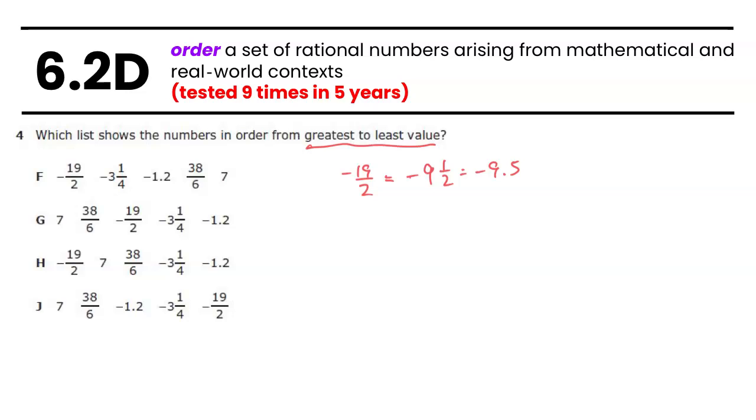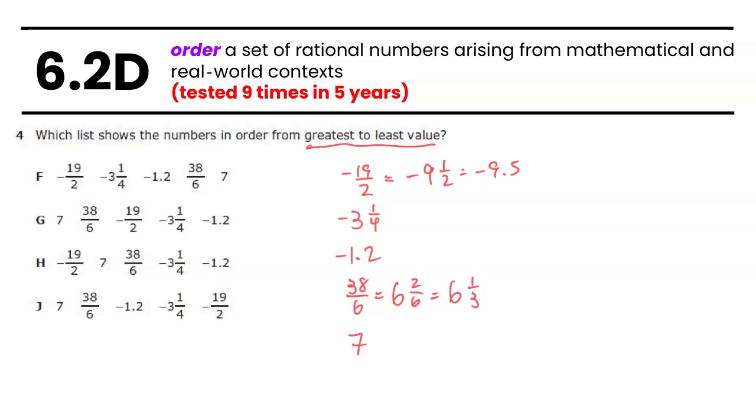There's not really much we want to change with that, so we can just leave that as negative 3 1/4. Negative 1.2. And then 38 over 6, we may want to change that so that it's a little easier to understand what that number really is. And so 6 goes into 38 6 times with 2 left over. And so 6 2/6 will simplify to 6 1/3. And then finally we have 7.